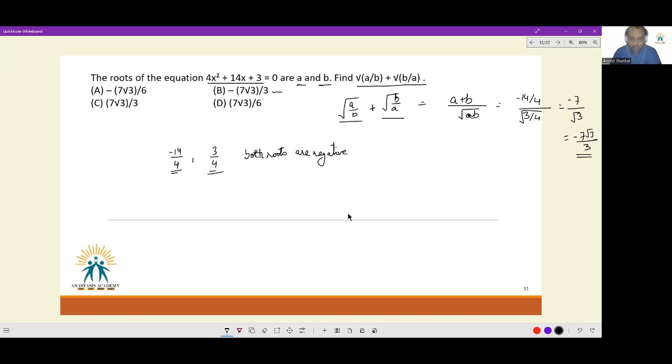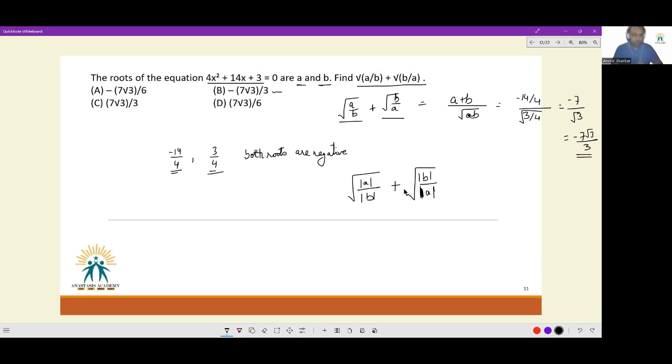So how we should be looking at this is √|a|/√|b| + √|b|/√|a|. Because realize a was negative, b was negative, they cancel each other's negativity out and they become positive.